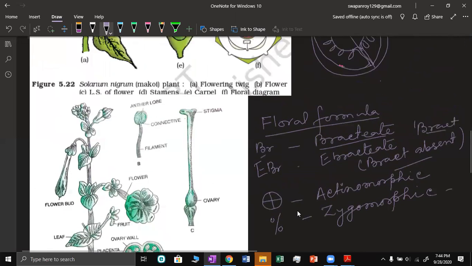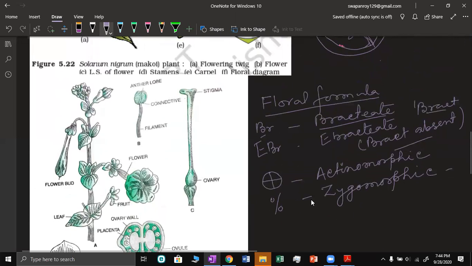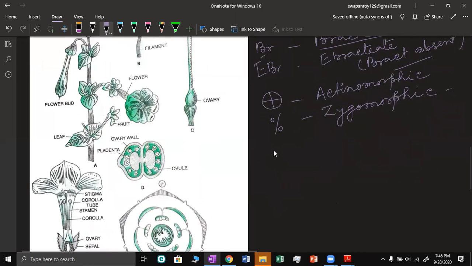And after that, the calyx. This K stands for calyx and C stands for corolla. And then what happens? The number of sepals or petals is written below this letter.